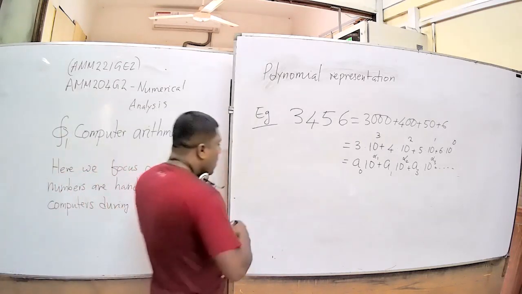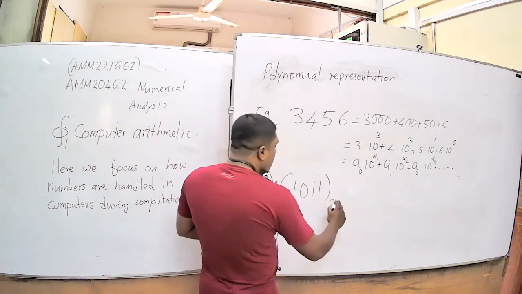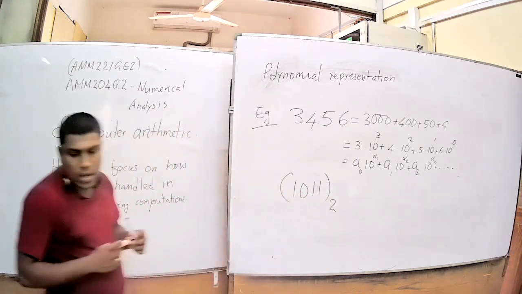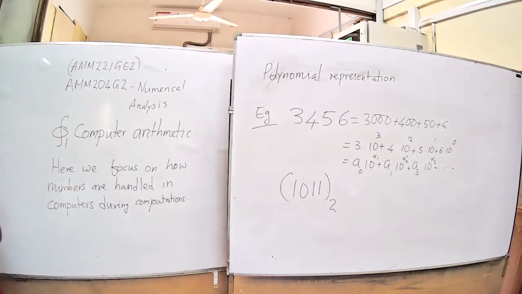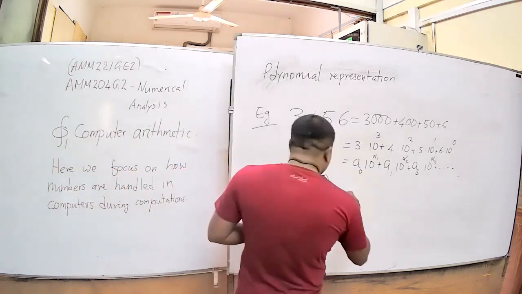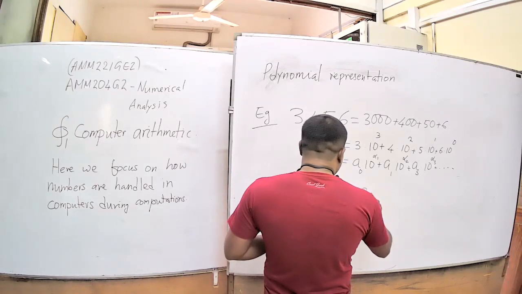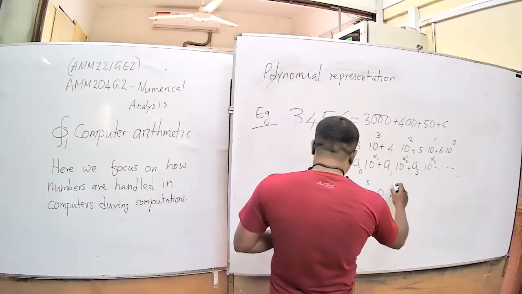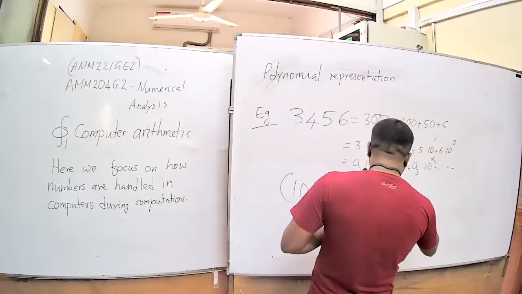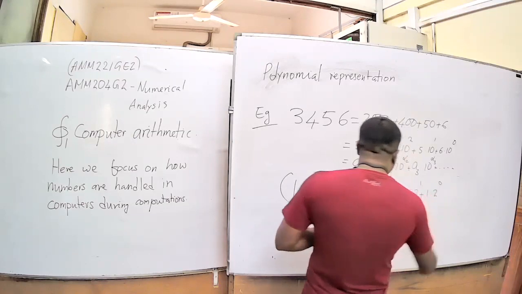For example, if you have the base 2 number 1011, you studied base 2 at a very young age, in O levels. This is basically 1 into 2 to the power 3, plus 0 into 2 squared, plus 1 into 2 to the power 1, plus 1 into 2 to the power 0.